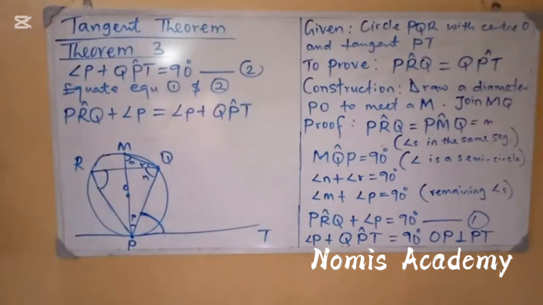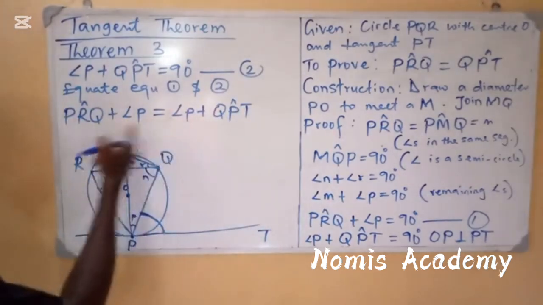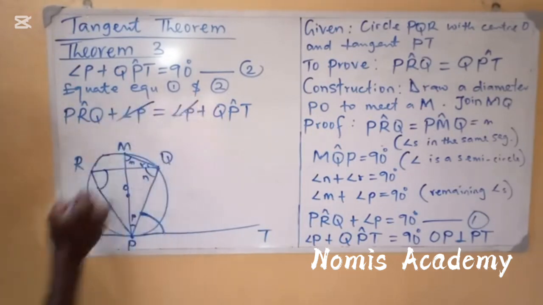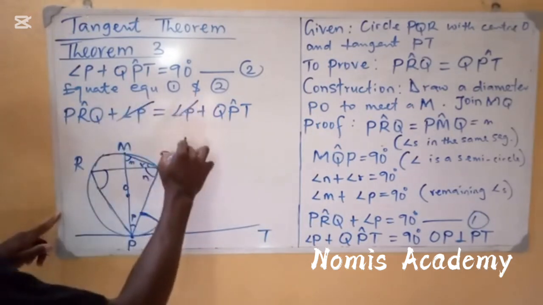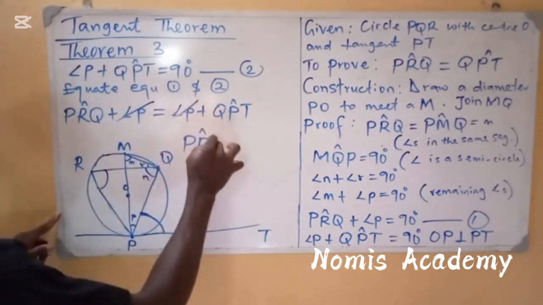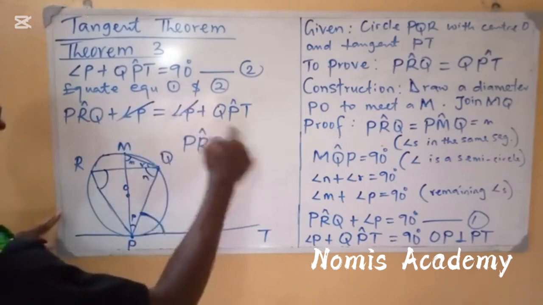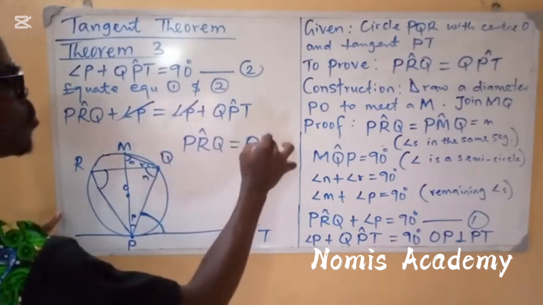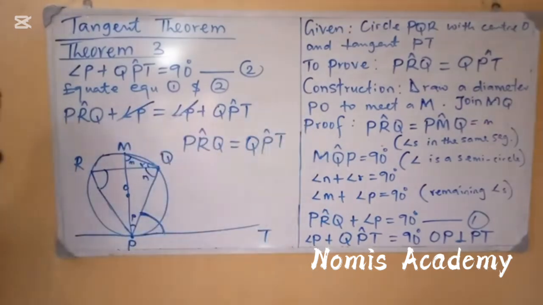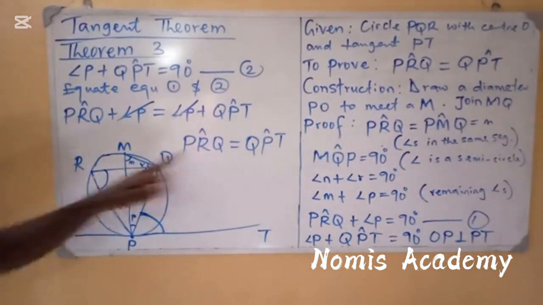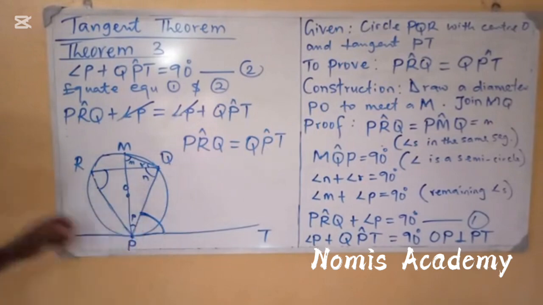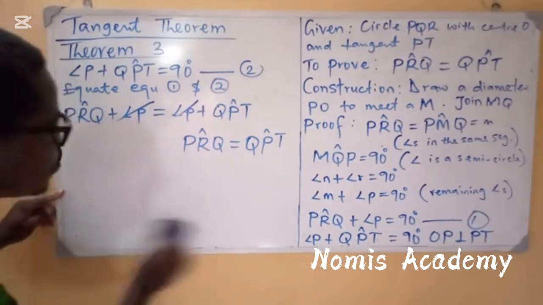So you can see that the angle at P cancels each other. So we are left with PRQ, which is equal to QPT. Okay, so you can now see that this angle R is equal to angle at P, hence proved.